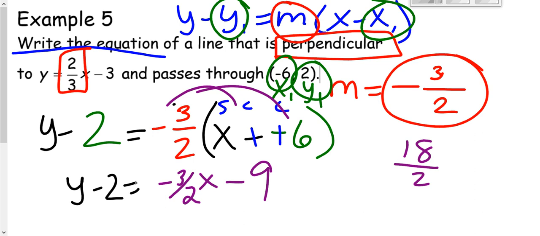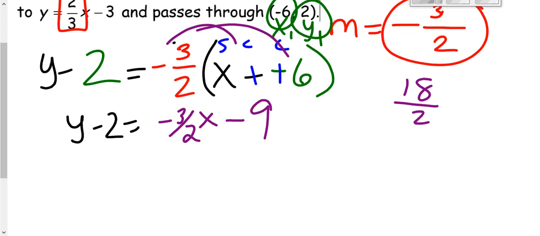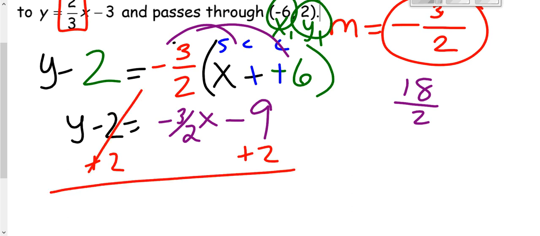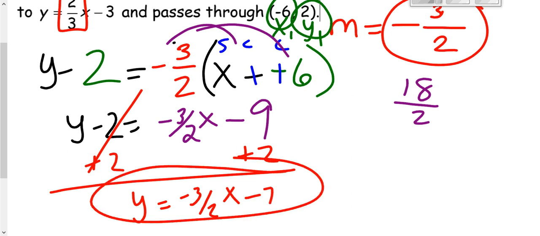Then I have the y minus 2 equals. I'm going to add 2 to both sides. And we get y equals a negative 3 over 2x minus 7. That would be my equation of the line. I know I'm done because y is all by itself, and it looks like y equals mx plus b. Cool, I think it's time to go try some questions.